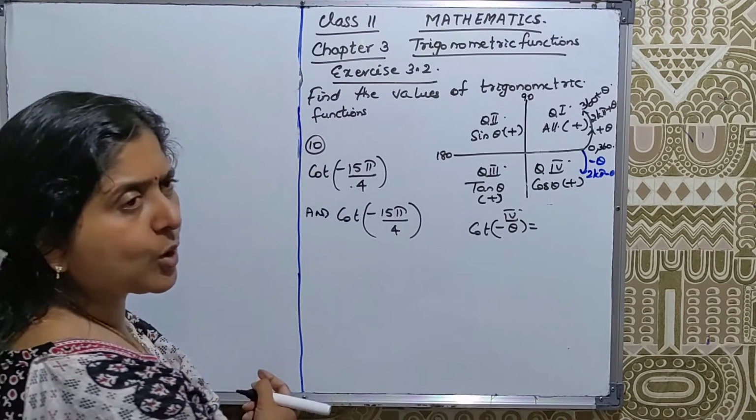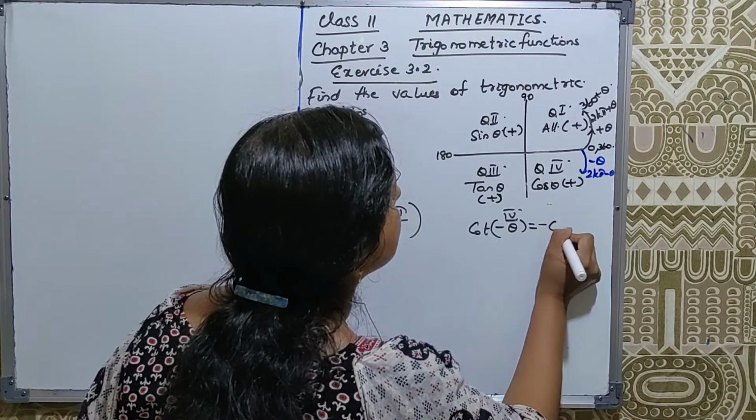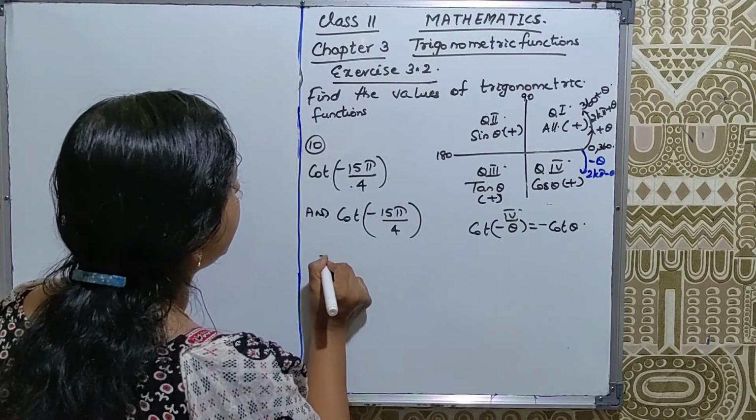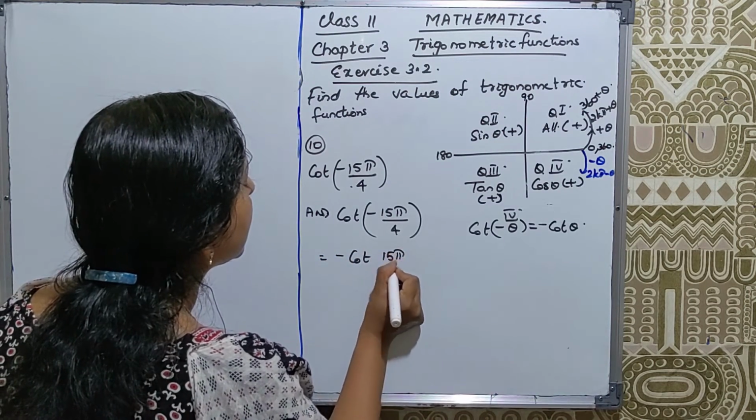In the fourth quadrant only cos will be positive. So cot(−θ) will be minus cot θ. So it will be equal to minus cot 15π/4.